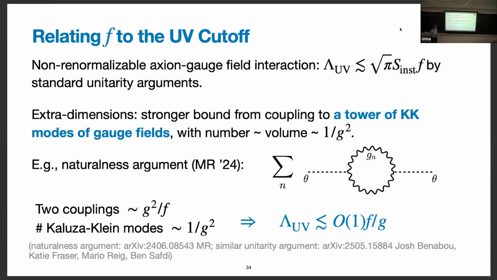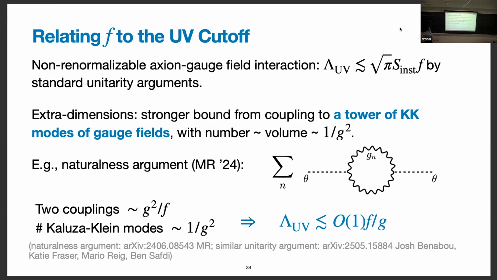And you can plug that into various arguments. I originally made the argument by thinking about a naturalness argument about the propagator of the axion. Benabu, Fraser, Rigg, and Safdie had another version of this where they thought about a scattering experiment. But the point is that any process that involves your axion coupled to your gauge fields and sums over the whole tower of excitations of the gauge fields will give you a stronger bound than if you only think about the zero modes of the gauge fields.